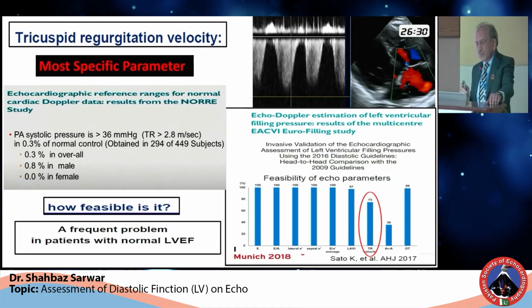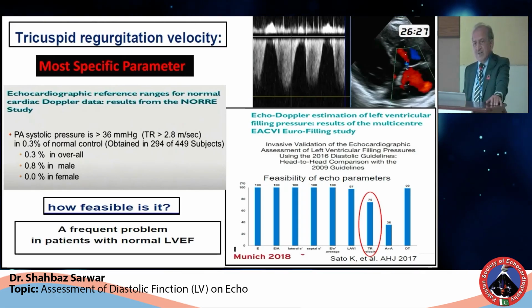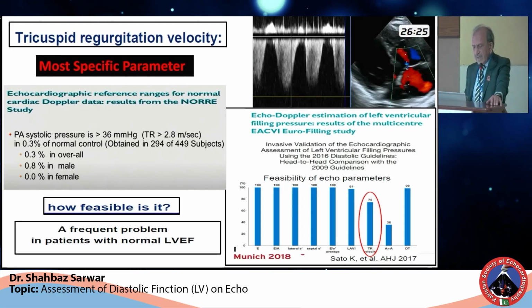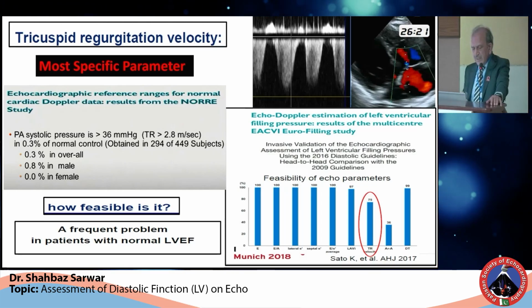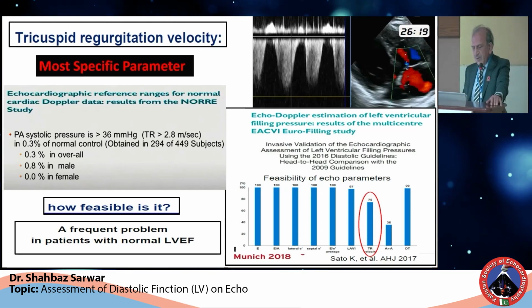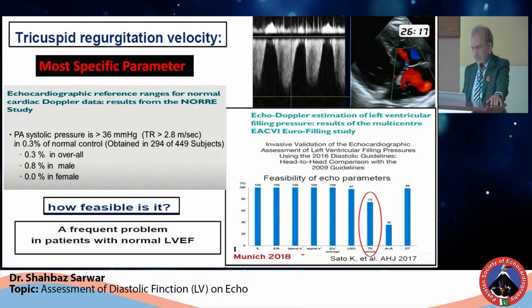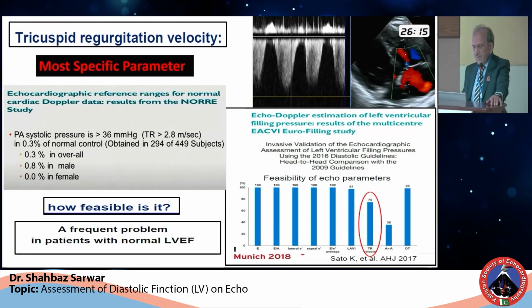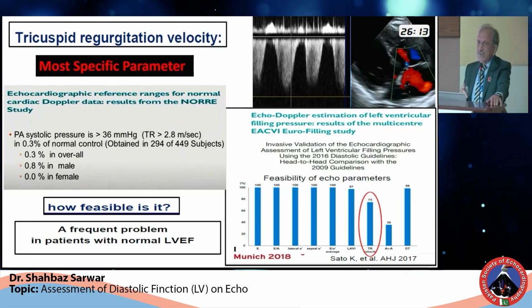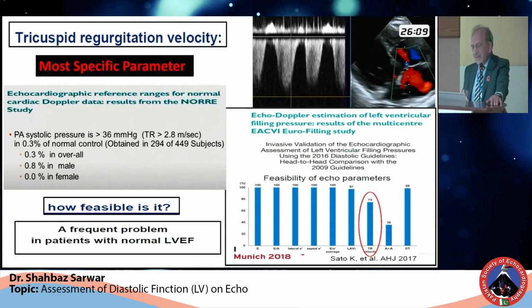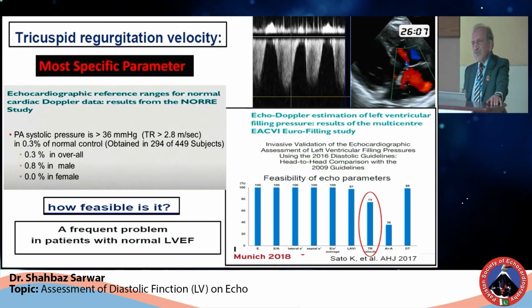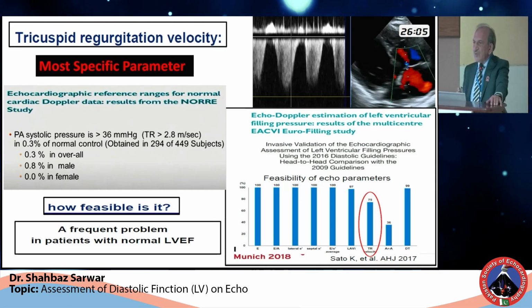Similarly, the most specific parameter is the TR velocity. Again based on the same study, it has been found that a TR velocity of more than 2.8 is found in 0.3% of all the participants in that study. So it is very, very rare to have a TR velocity of more than 2.8 and it to be normal.